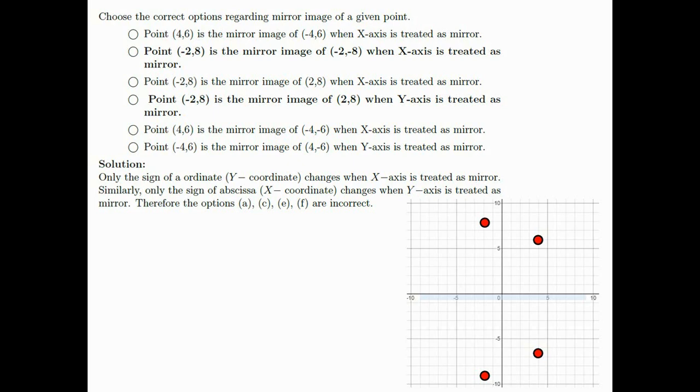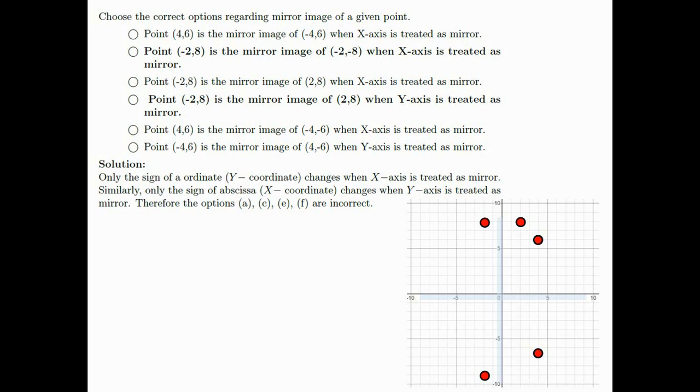That is wrong. But point minus 2, 8 is the mirror image of 2 comma 8 when the y-axis is treated as the mirror. This is correct.